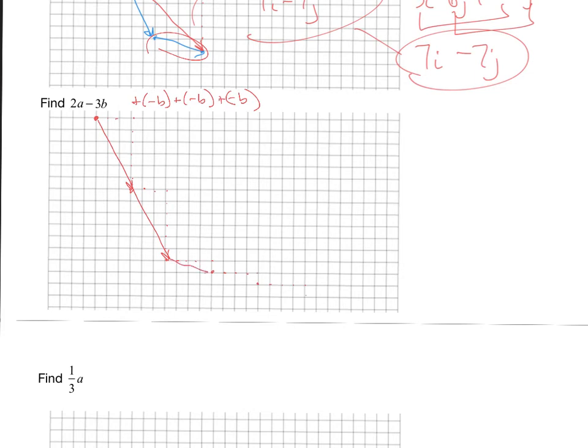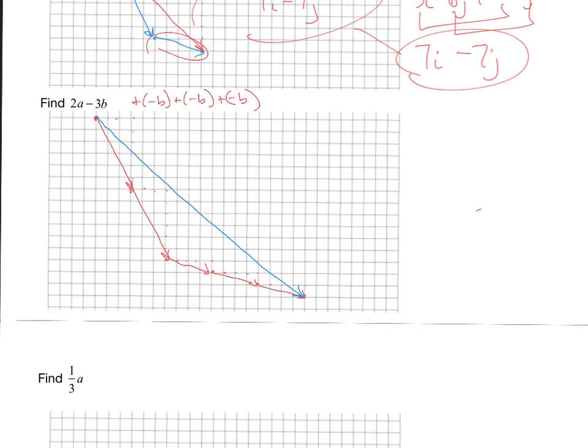So there's negative B, negative B, negative B. Whew, okay. So again, I wish my straight edge worked on my iPad, but it doesn't seem to. So I'm going to freehand this, and I apologize. I can guarantee it's not going to come out nice. Okay, I lied. That's actually pretty darn good.